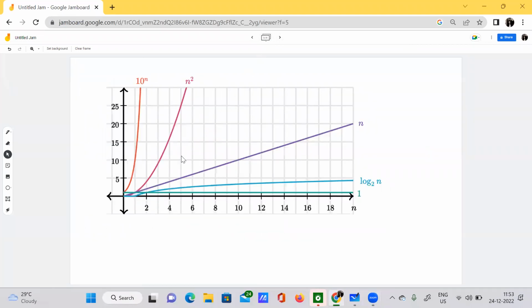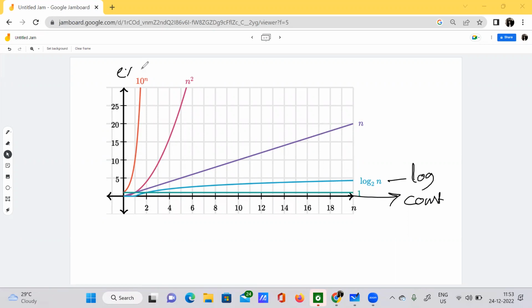Okay. So when you observe all these things holistically on the same graph, it would be very meaningful to you. See here, this would be my constant here. This would be my logarithmic.